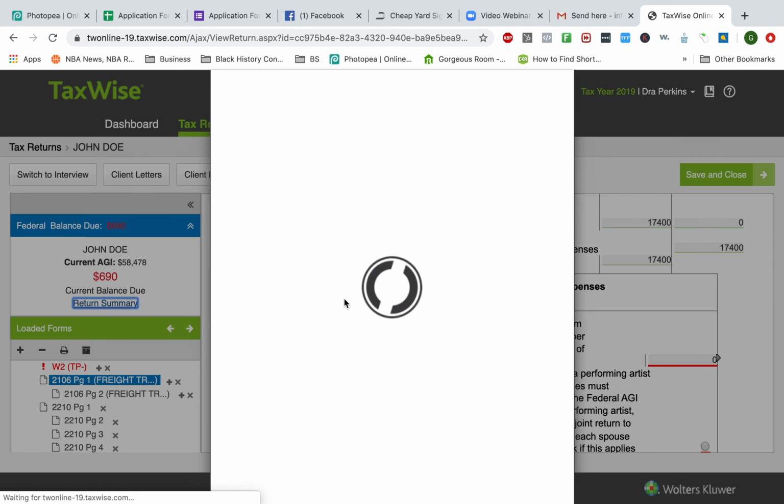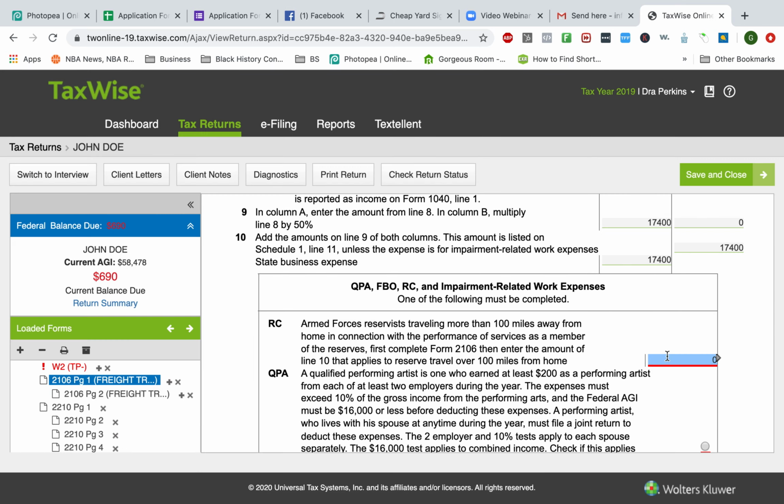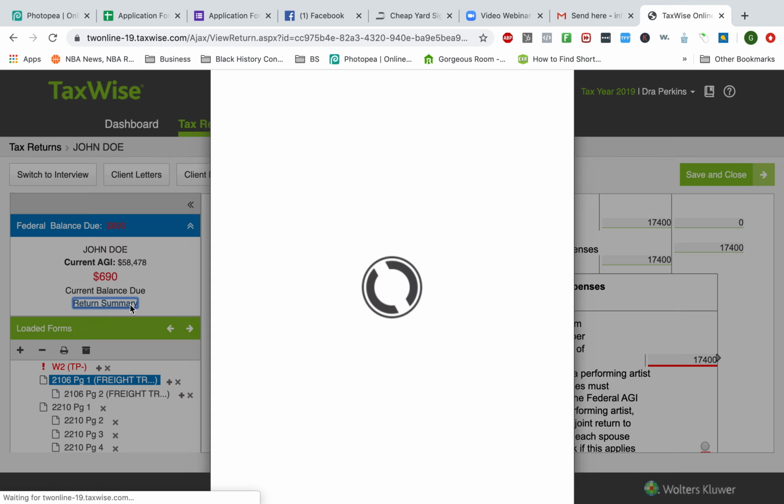If you check the return summary, his taxable income will be larger. So it's 46,000. So essentially what we did was we wrote off a little bit under half of that just using mileage. So if we go back and we put in 17.4, okay? And remember, the number that I'm looking at is the taxable income.